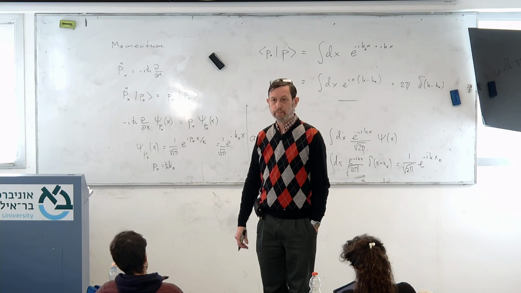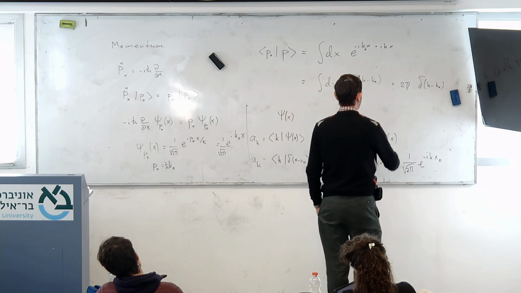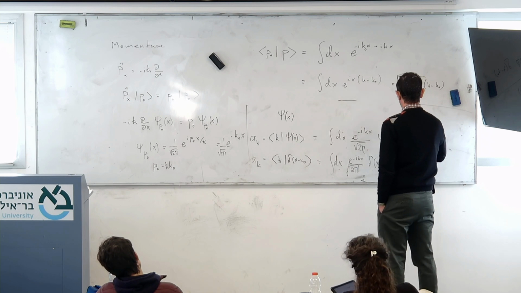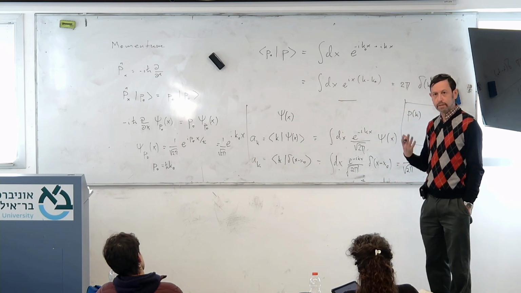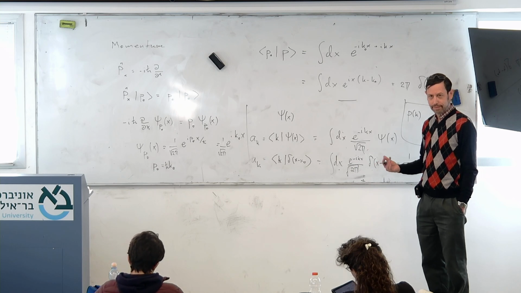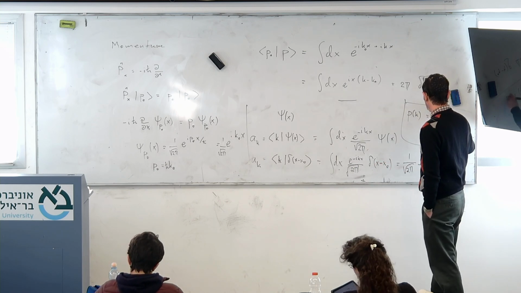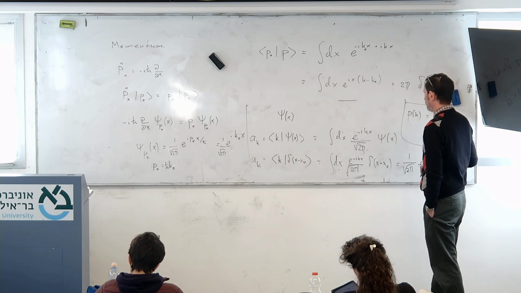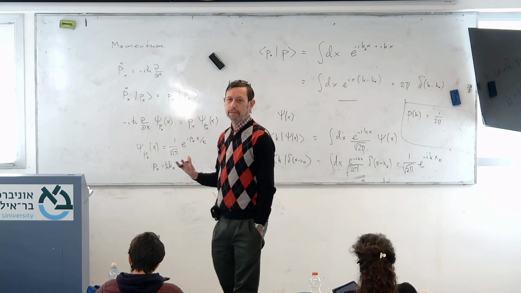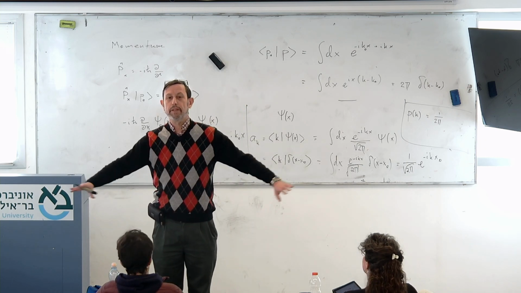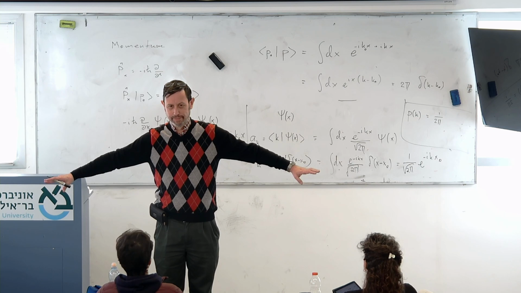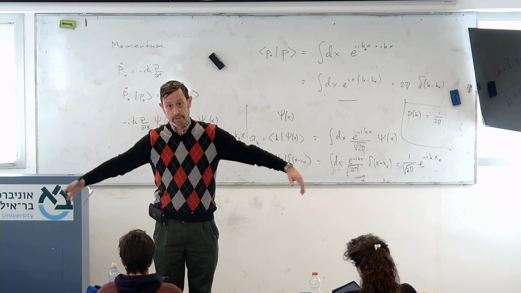Right? What is the probability of measuring it at a given k? Probability is amplitude squared. My annoying normalization aside, what it tells us is the same probability for any momentum. Well, it's not surprising.